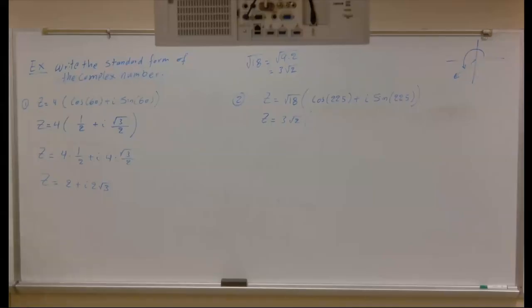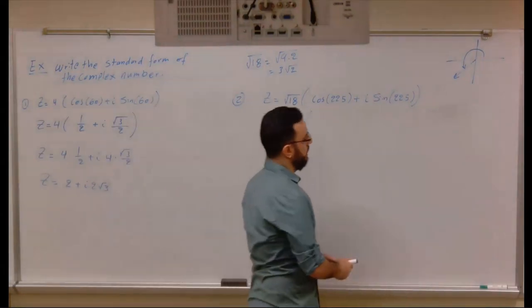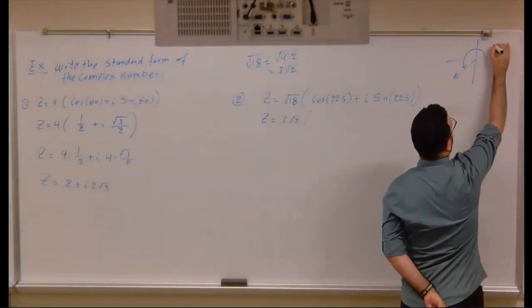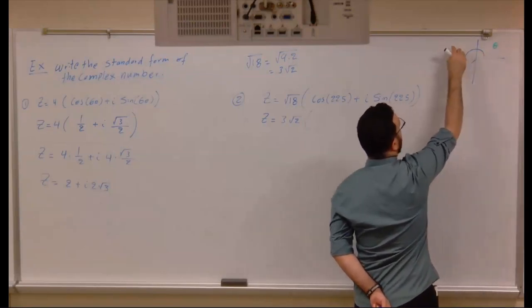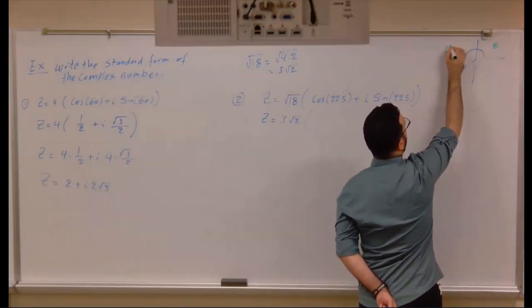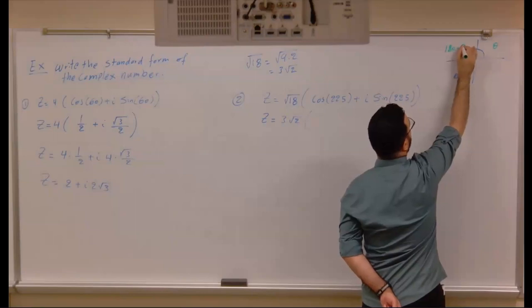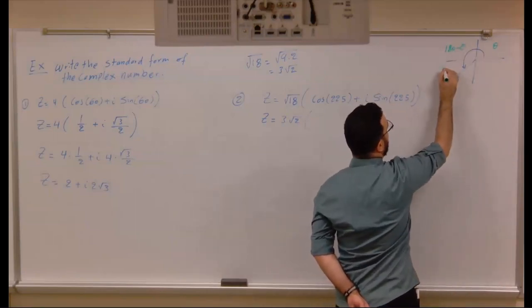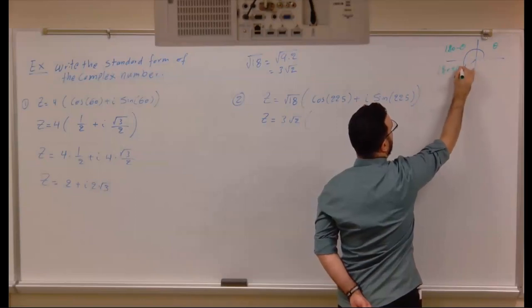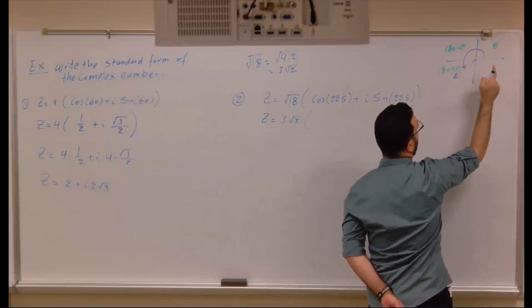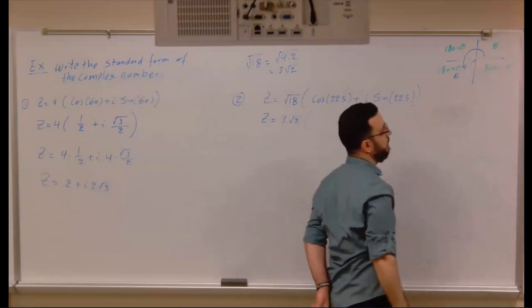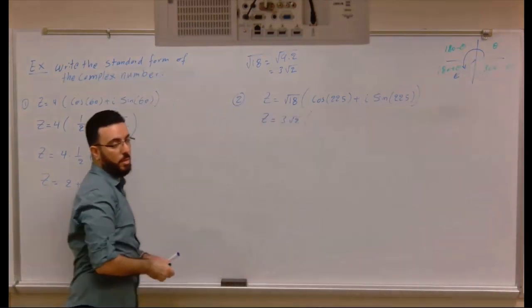If you remember, from this quadrant here, we have theta. To find the theta here is going to be 180 minus theta. To find the theta on the third one is going to be 180 plus theta. To find the theta on the fourth quadrant is going to be 360 minus theta. Remember that?